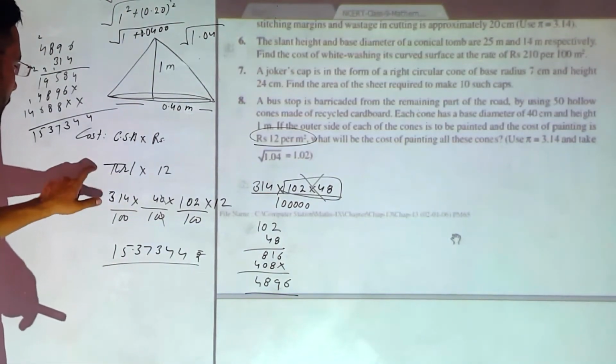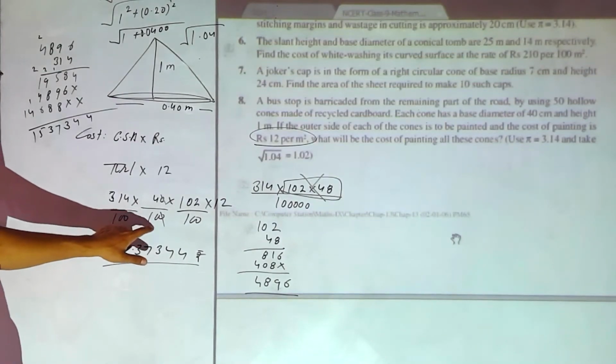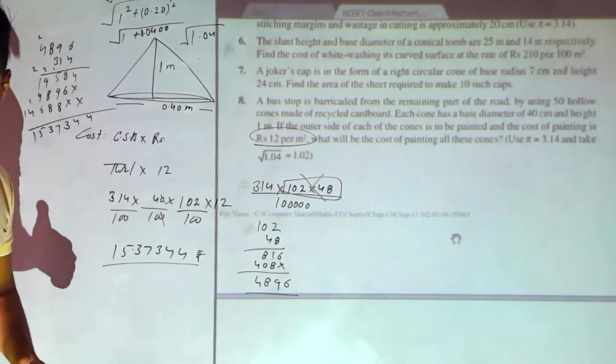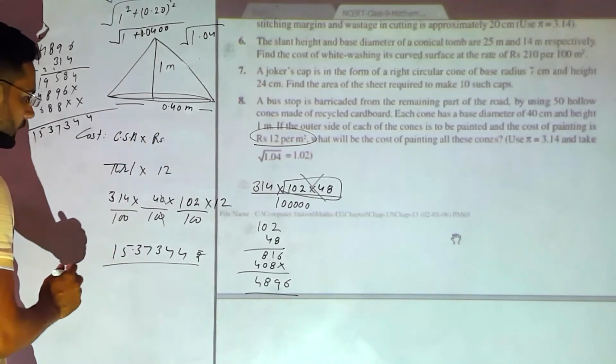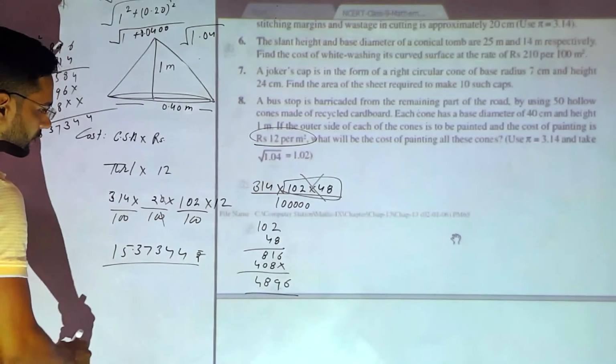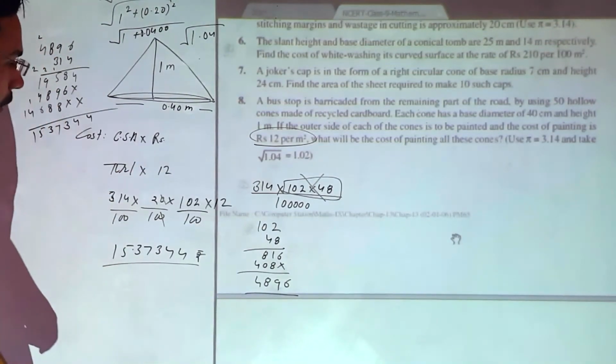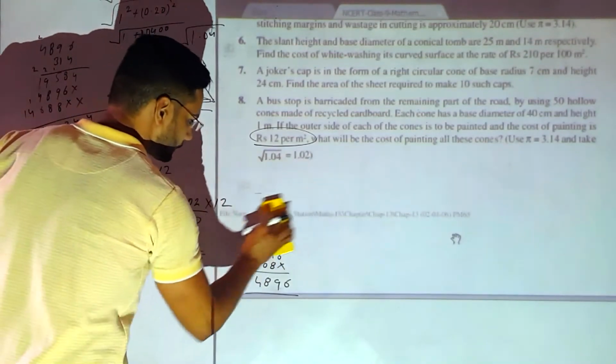Okay, pi R L. R was there, 20 was there, 40 means sorry, 20 was there, and now okay, doesn't matter.